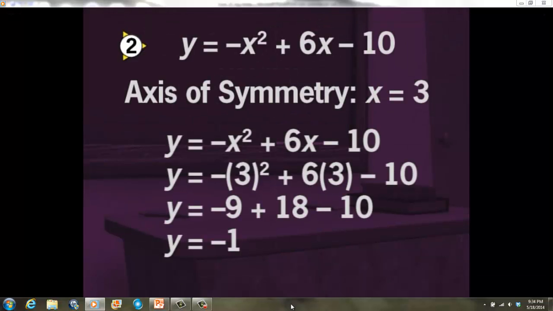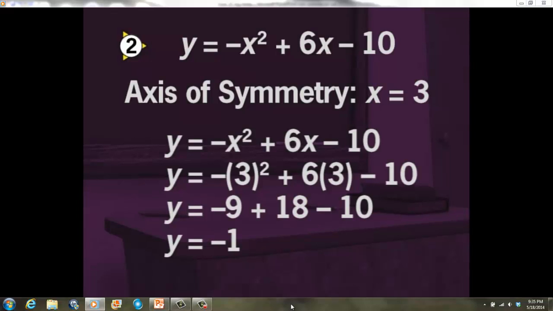The equation of the axis of symmetry of the parabola is x equals 3. We found that in problem 1. The vertex is a point on the axis of symmetry, so the x-coordinate of the vertex is 3. To find the y-coordinate of the vertex, substitute 3 for x in the equation of the parabola and solve for y.